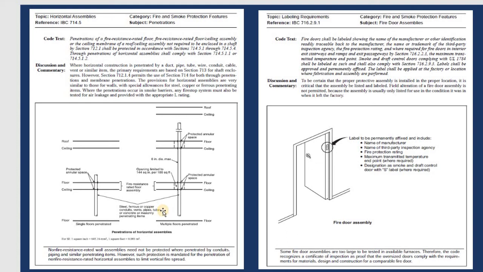If you have an opening, for example a door, you need to have the label for the manufacturer, and if they have fire protection, they need to put the label there to make sure that for the fire door assembly they show which fire rated material they use, so everyone qualifies.